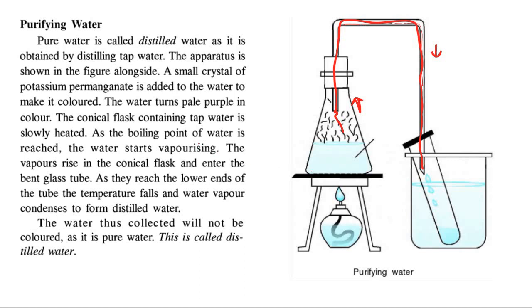The vapors rise in the conical flask and enter the bent glass tube. As they reach the other end of the tube, the temperature falls and the water vapor condenses to form distilled water. And so we are able to separate distilled water, clear water, from the tap water. The water thus collected will not be colored, as it is pure water, and this is the distilled water.